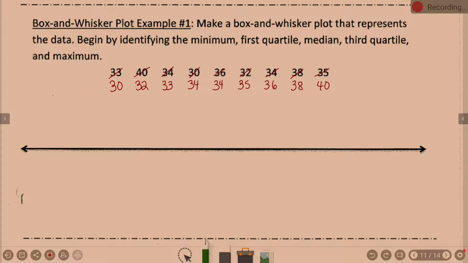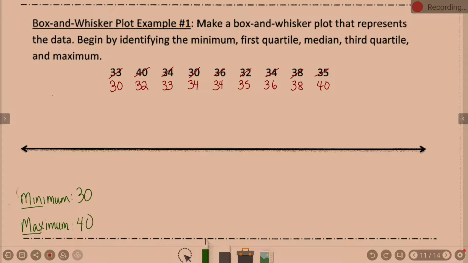I'm going to write some information down here. You said we should start off finding our minimum and maximum. Get the easy stuff out of the way, I guess. What is our minimum? 30. And what is our maximum? 40.